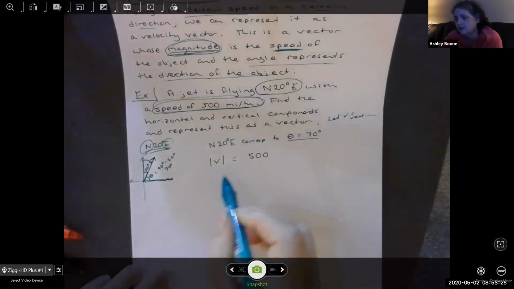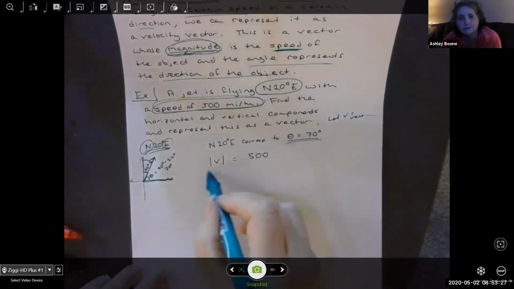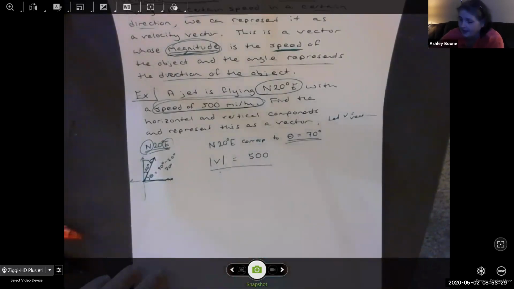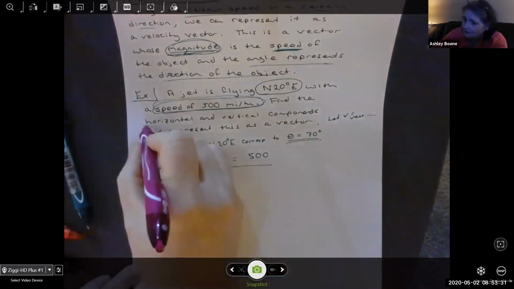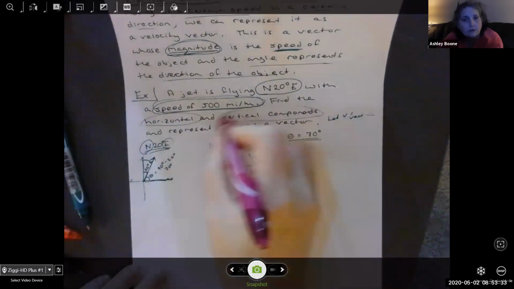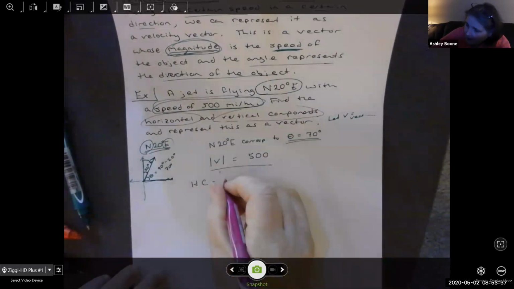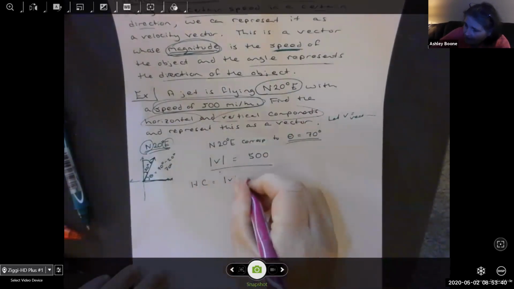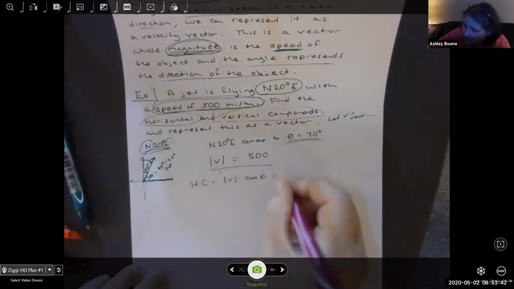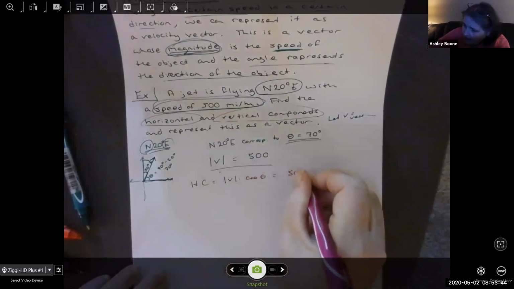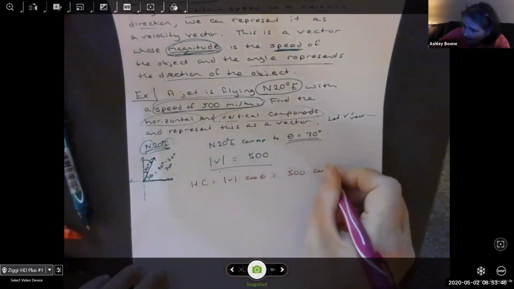So I know magnitude and I know direction. Since I have those, I can find my horizontal and vertical components. Remember, the horizontal component is the magnitude of the object times the cosine of the central angle. That's going to be 500 times the cosine of 70 degrees.